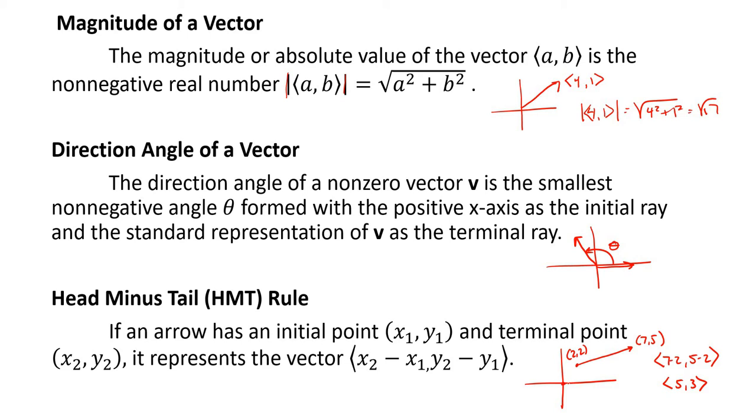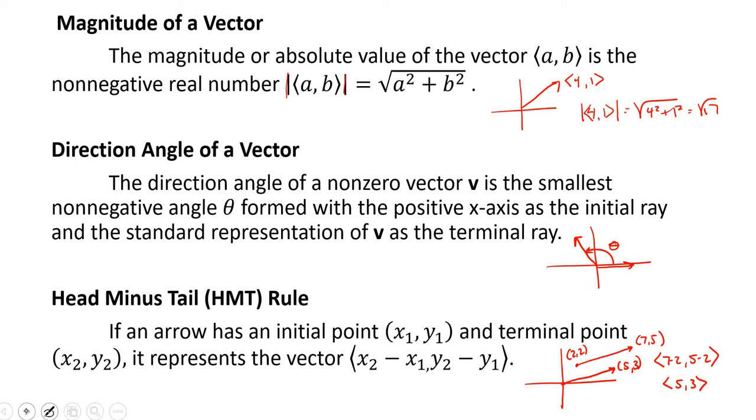And if I put that vector at the origin and drew a vector of the same direction and magnitude, it would end up at the point (5, 3). Okay? So just some notation, some definitions, etc.